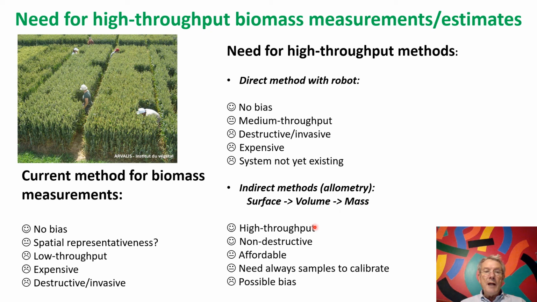So this would be high throughput, non-destructive, probably affordable, but it always needs to be calibrated. We need to make at least a few measurements of biomass to calibrate the empirical relationships. And probably we could have possible bias because the density may not be the same depending on genotypes or conditions.